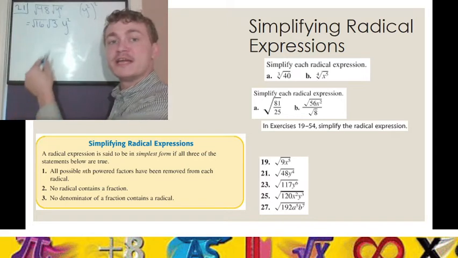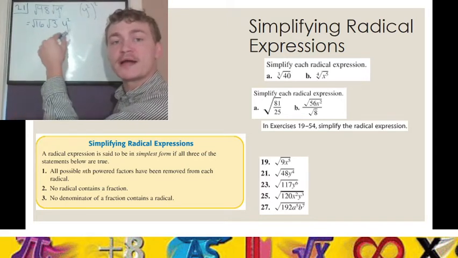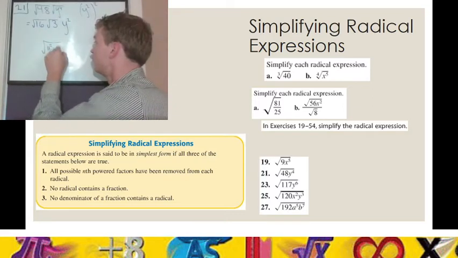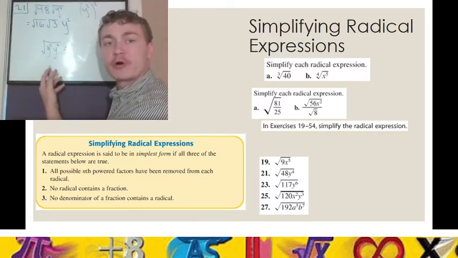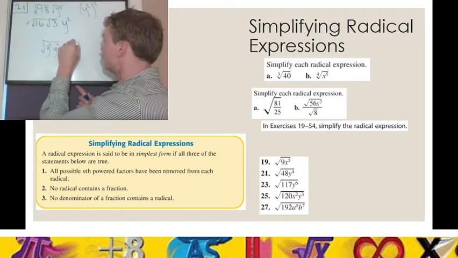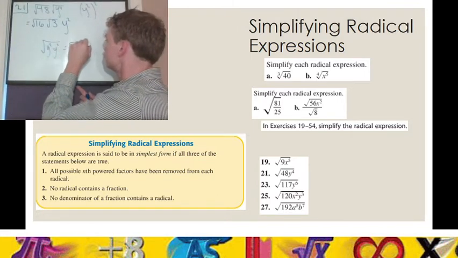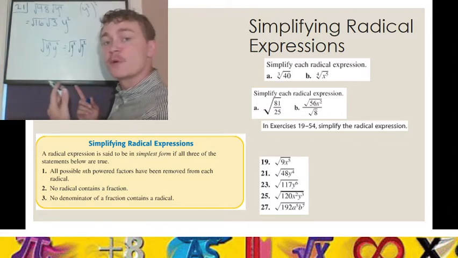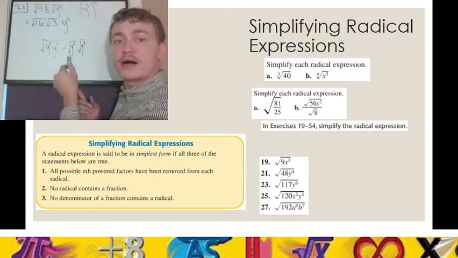Another way to see that, as we said here, y to the fourth power is y squared multiply y squared. Thus, if we were to rewrite y to the fourth power as y squared times y squared, and use our product rule to break apart each factor under its own radical, just as we've seen for the variable x, the square root of x squared is x, thus the square root of y squared is y.